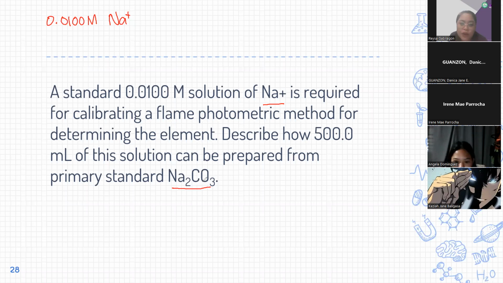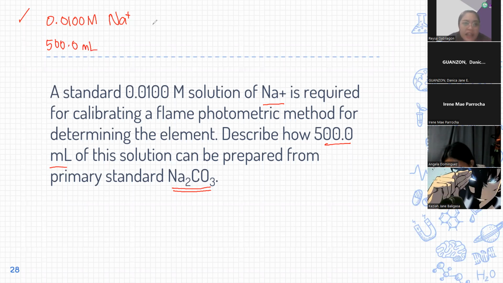Okay? So, what are we going to do? Describe how 500 ml of the supposed sodium ion solution can be prepared if we're going to use sodium carbonate. Those are our givens. This is our target solution, its concentration, and then the volume is 500.0 ml.